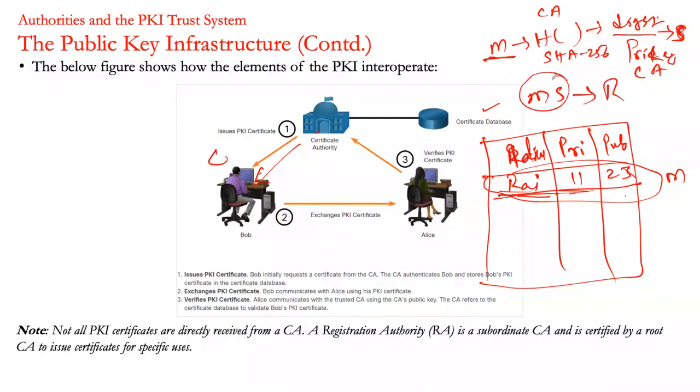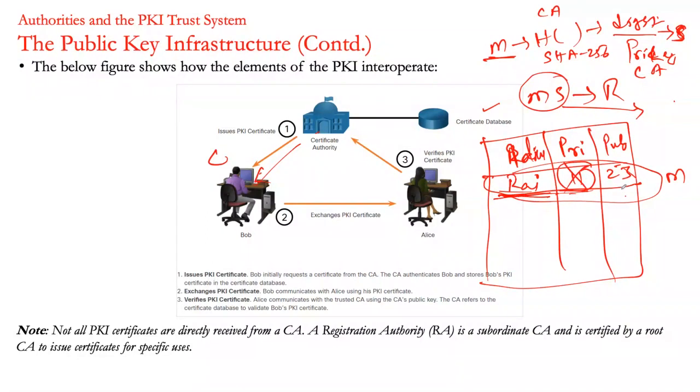Now this will be exchanged with the receiver, any receiver. Upon the exchange of this information, the receiver can decrypt and check what is the private key and what is the public key. But when exchanging this, the private key is used by your sender, so that field is removed from the message.